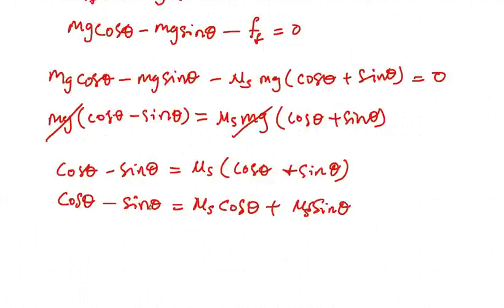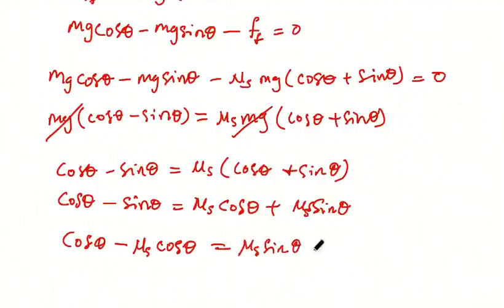So we have cos theta minus mu s cos theta is equal to mu s sin theta plus sin theta.